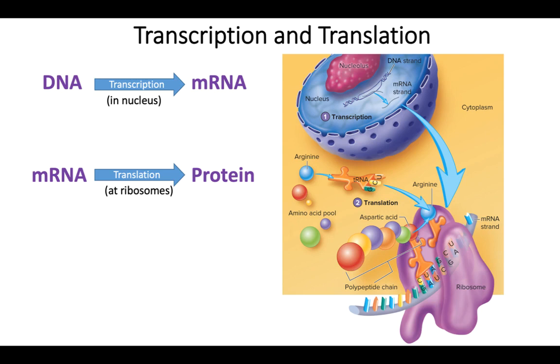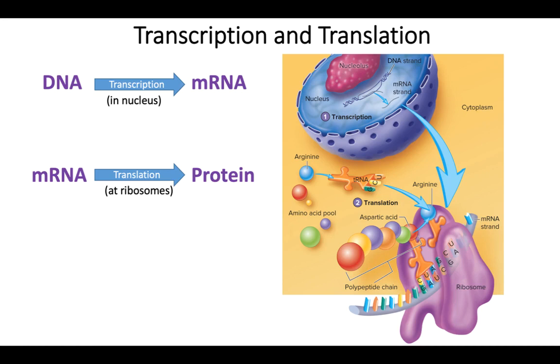It tells the ribosome what amino acids we need to make that protein. If you were to take a biology class, you'd get into a lot more detail here. For now, it's useful to understand how human cells make their proteins. They have to have DNA. It needs to be transcribed into mRNA. And then the mRNA has to be translated in order to make the protein.